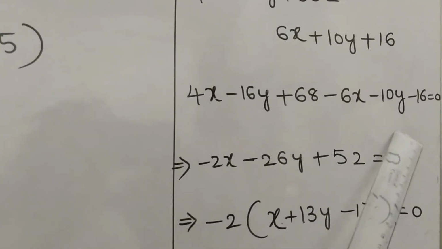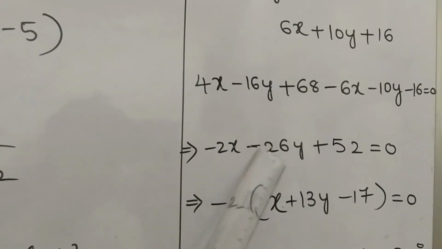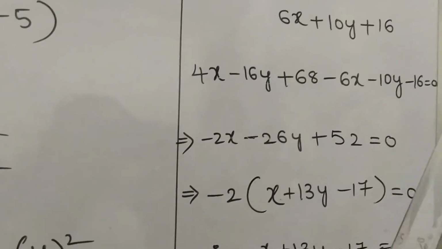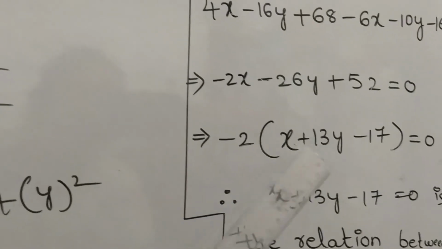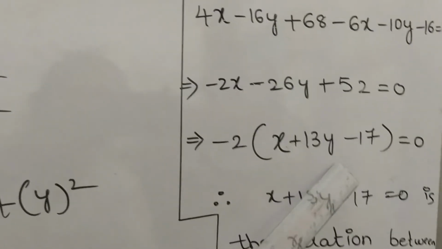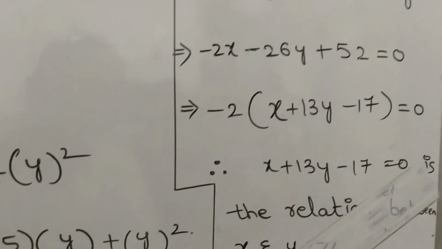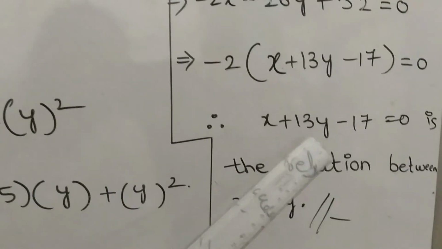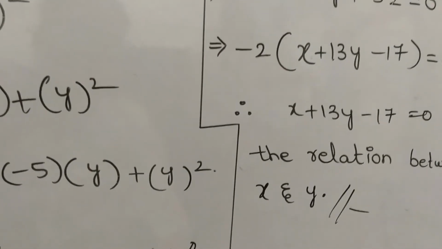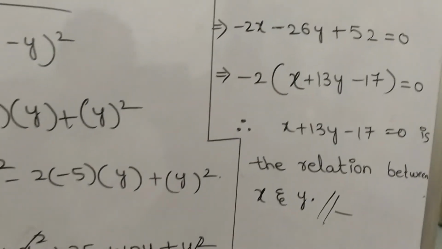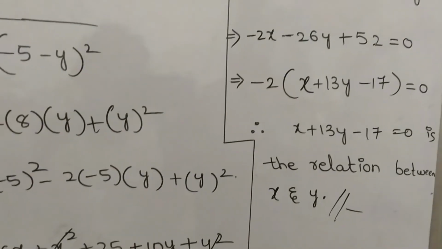If both minus signs are there, then you have to add and it is -26y, and 68 minus 16 is, students, 52. Now take -2 common, what will remain here? x plus 13y minus 17 equals 0. Hence this x plus 13y minus 17 equals 0 is the relationship between x and y. This is the solution of the 14th one of exercise 7.1.